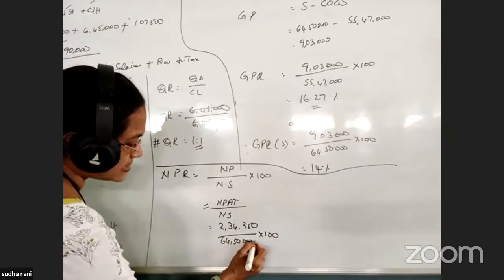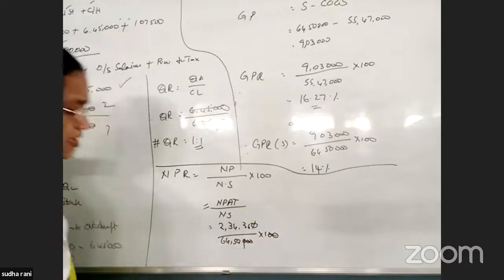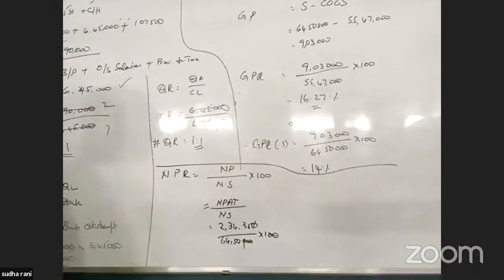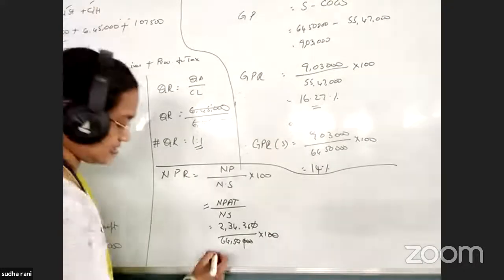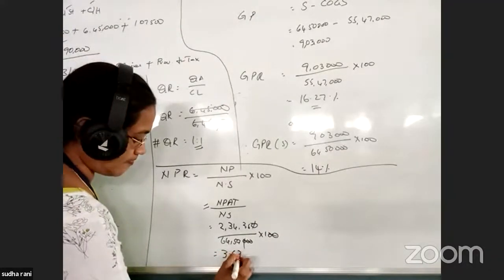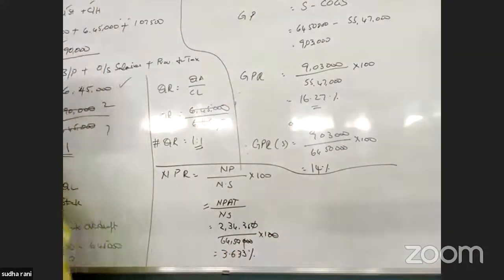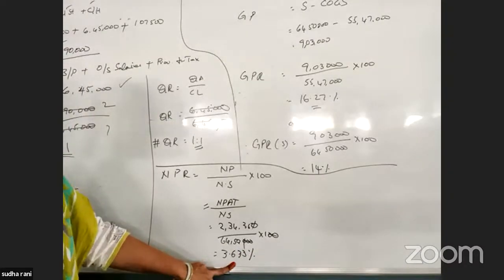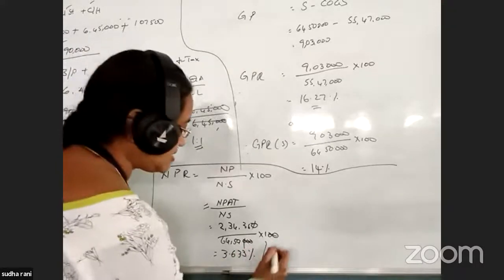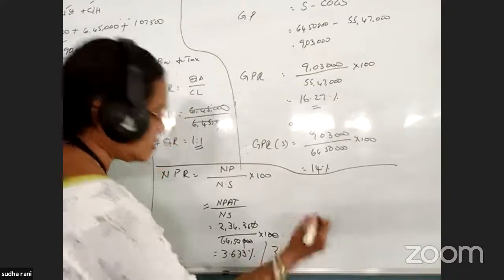Can someone please calculate 2,34,350 divided by 64,50,000? 3.633%. Okay? 3.63, which can be said as 3.6% also.